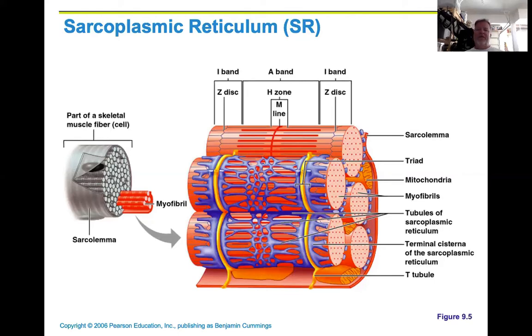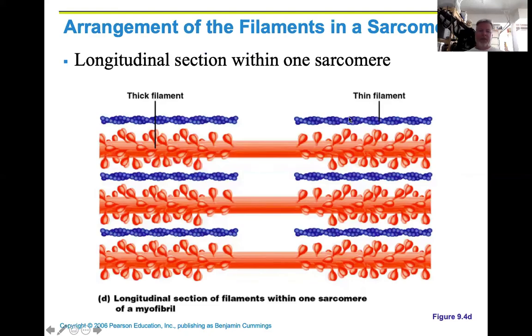Now, in the sliding filament theory, which is why we need the calcium, the thin filament slides past the thick ones, so that the actin and myosin fibers overlap to a greater degree. I'm going to go back one slide. So here's my actin, here's my myosin. When it comes to the sliding filament, we take this thin filament here and we move it closer to our M line up here.